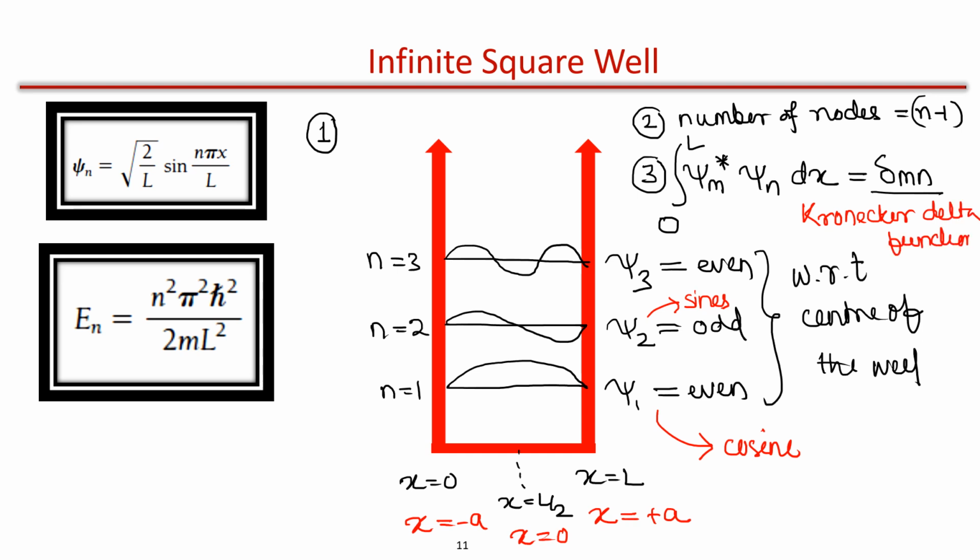What is this? This Kronecker delta function is equal to 1 for m is equal to n, and equal to 0 for m not equal to n. So we say that the wave functions are orthonormal.